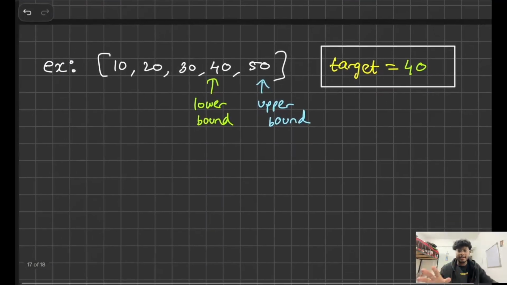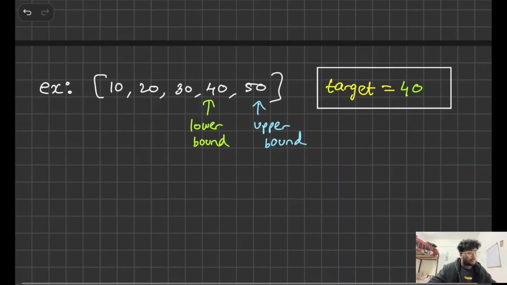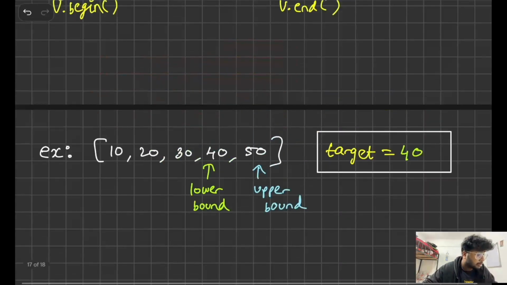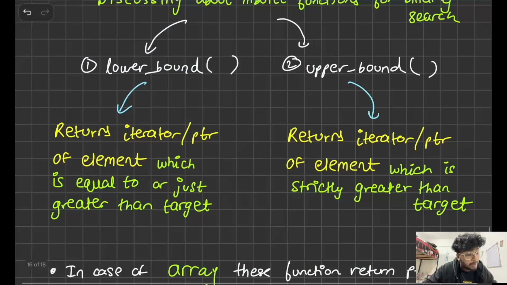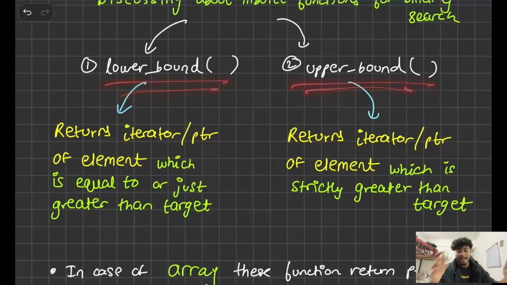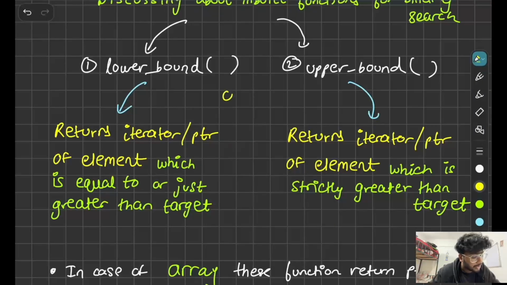So let's get into an example really quick. I have this array, right? One more important thing: the lower bound and upper bound functions implement binary search internally, so they have a complexity of, yes, you guessed it right, log of n, where n is the size of the array.